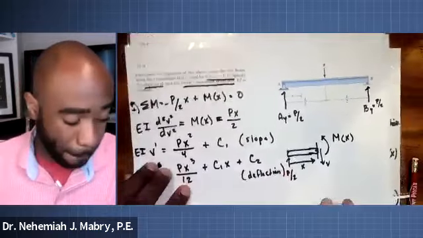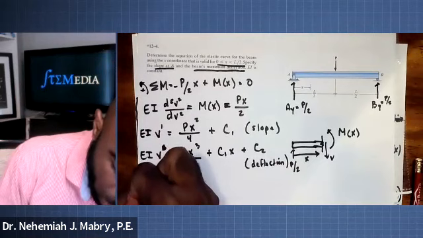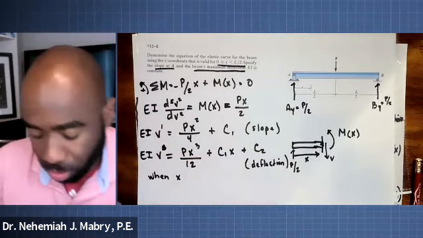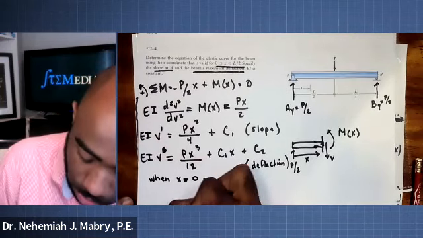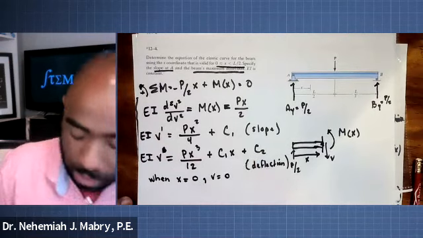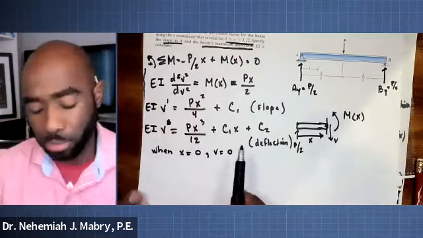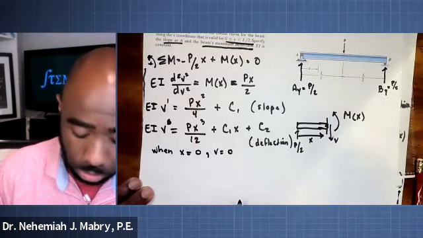So here's how you can write it on your own paper. When X is equal to 0, the deflected shape should also be equal to 0. So we're going to use this entire equation here and set it equal to 0.